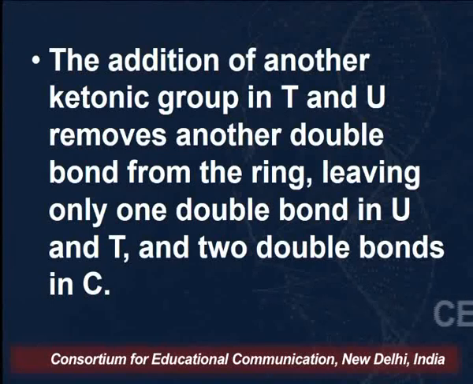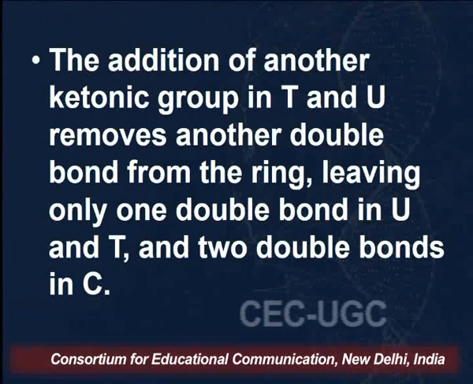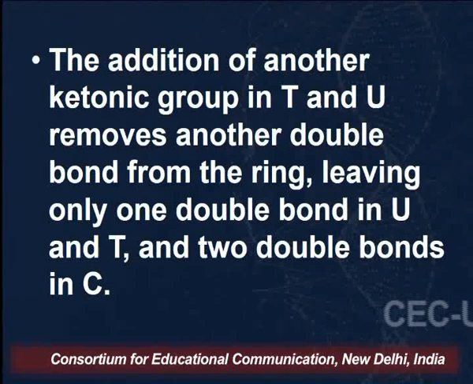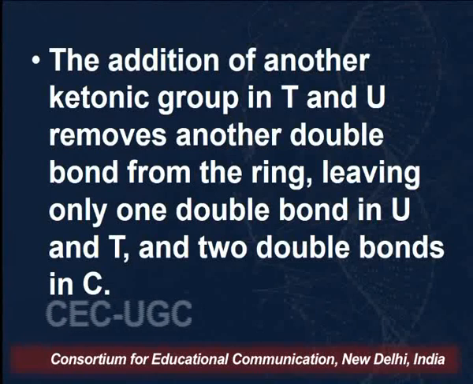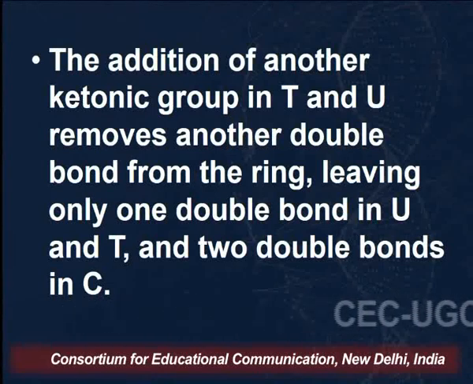So if you recollect the structure, cytosine has only one carbonyl group. Since it is having one carbonyl group, it will have 2 double bonds. Whereas thymine and uracil have 2 carbonyl groups in them.